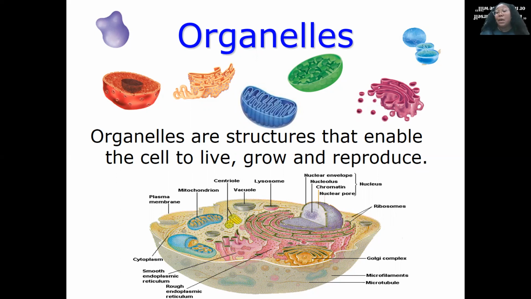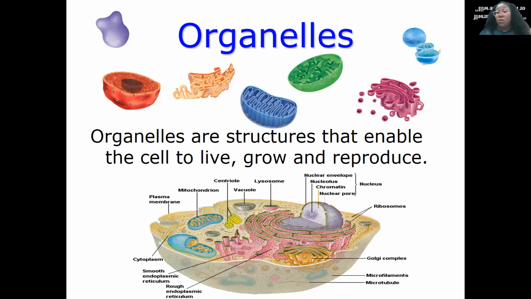Well, just like that, a cell has to have organelles in order for it to function, in order for it to survive. So here we see one cell, and this one cell has all of these different parts that do something different. Just like our heart sends blood through the body for our circulation.